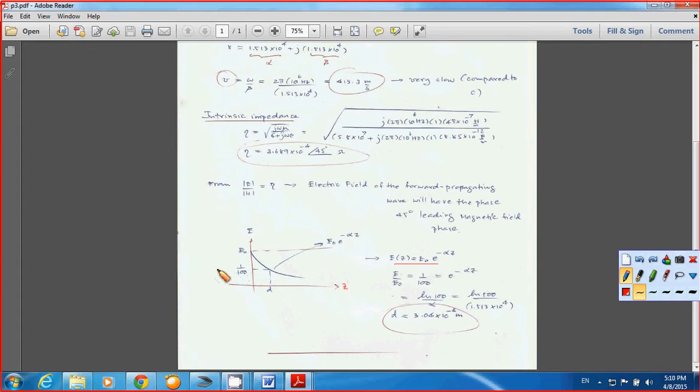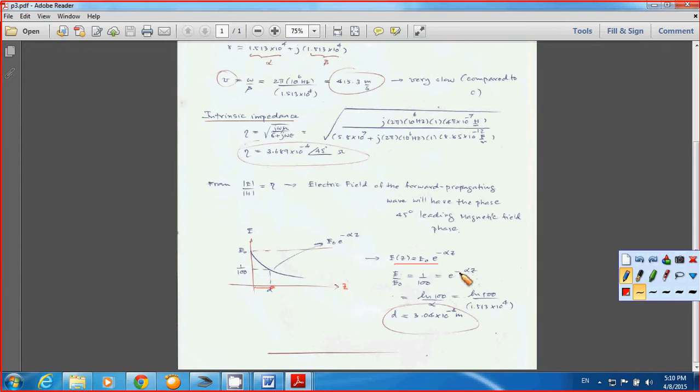For example, if I want the magnitude to be reduced by a factor of 100, I can find the distance from the surface of the material that gives me that reduction. So I simply divide E of z by E0 and make it equal to 1 over 100, and that's equal to exponential negative alpha z.